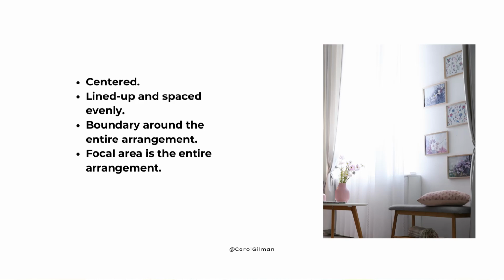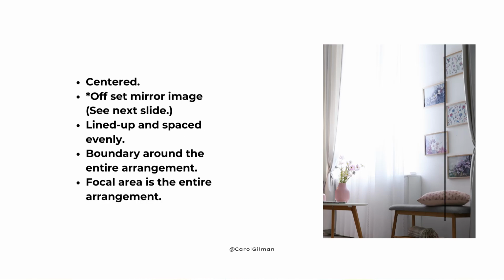So if we were to draw an imaginary line down the center of that arrangement, it wouldn't be a mirror image, because one side is offset, kind of lowered a little bit. And this is kind of a nice variation compared to that first grid-like arrangement, where everything is offset just a little bit, but still lined up and still centered, and still gives us a sense of stability.